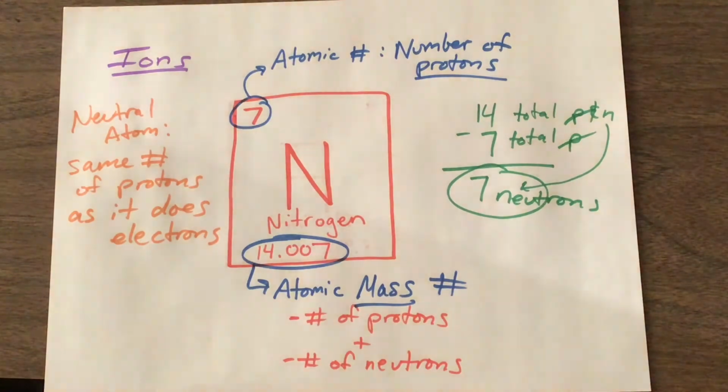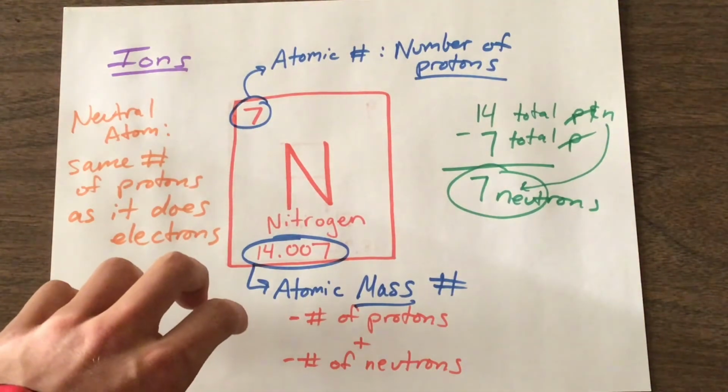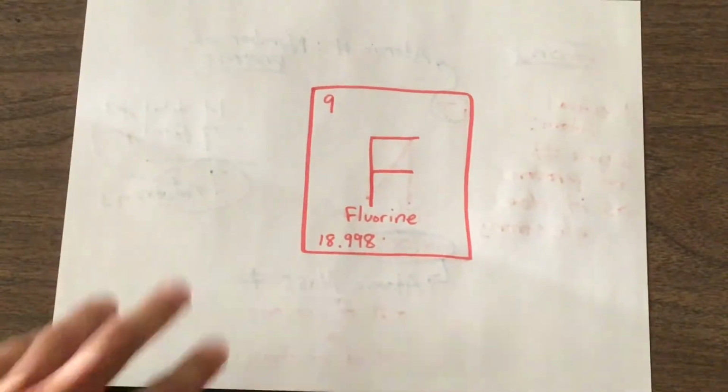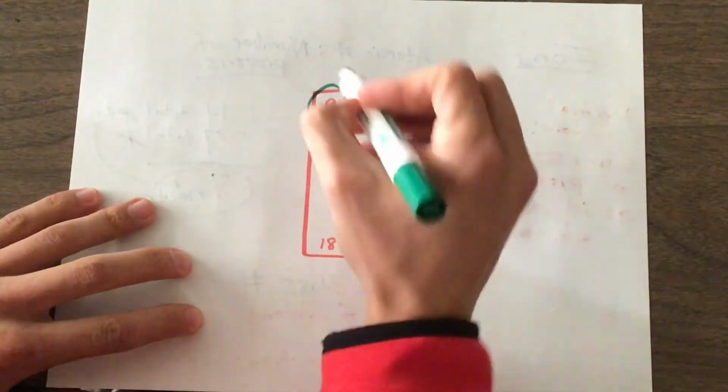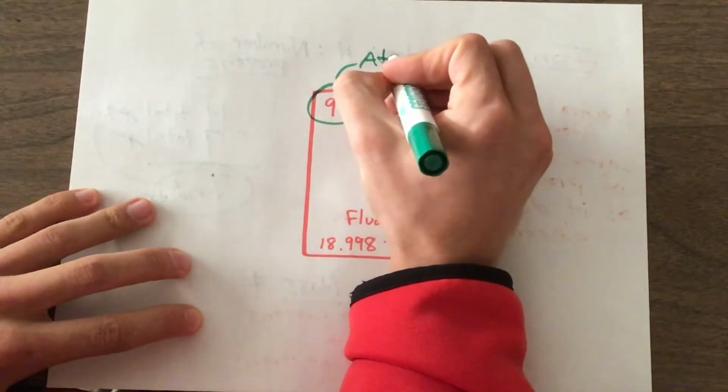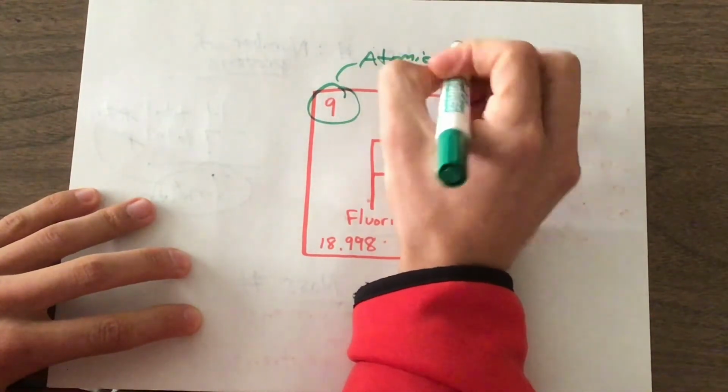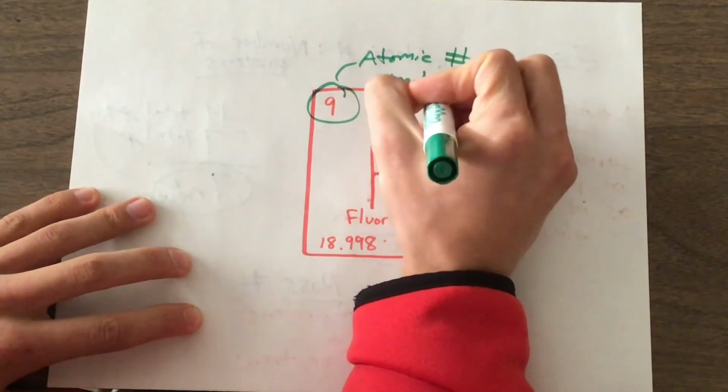We can talk about that in another video. But let me just flip it over to show you that it's not always going to be the case. So here again, as a refresher, here's my atomic number, aka the number of protons.